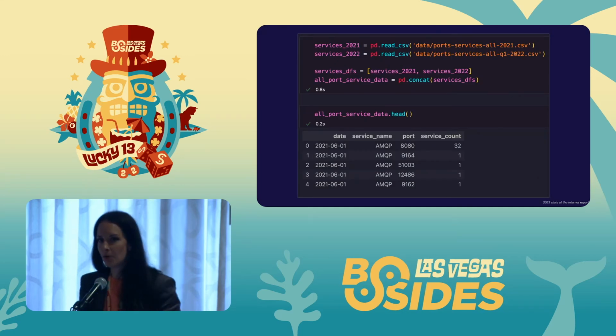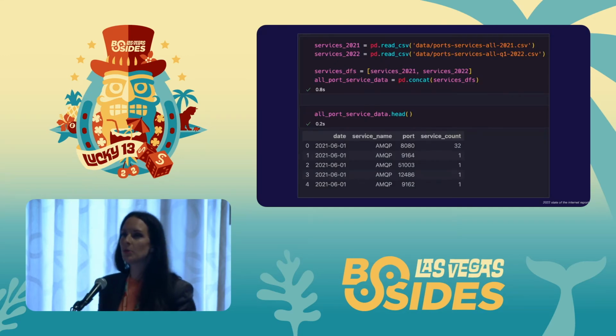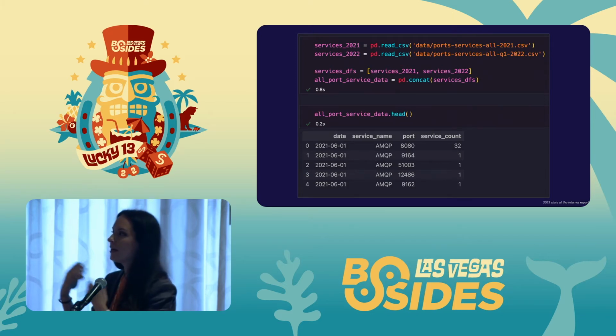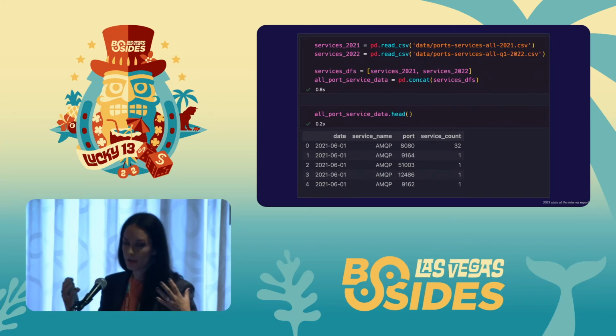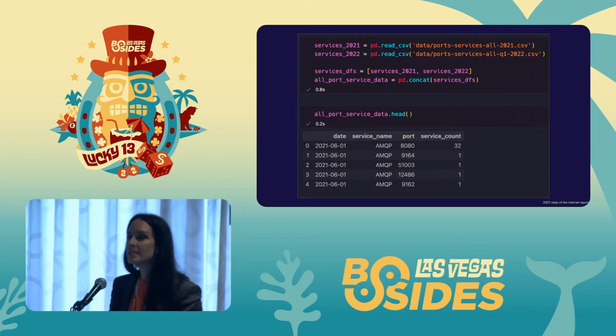So I won't show code for every one of these examples, but I do want to orient you just a bit to what I'm looking at and what I started looking at. Again, this is Python pandas in a Jupyter notebook, just reading in a CSV. And you can see here on the bottom the different fields that I'm looking at.